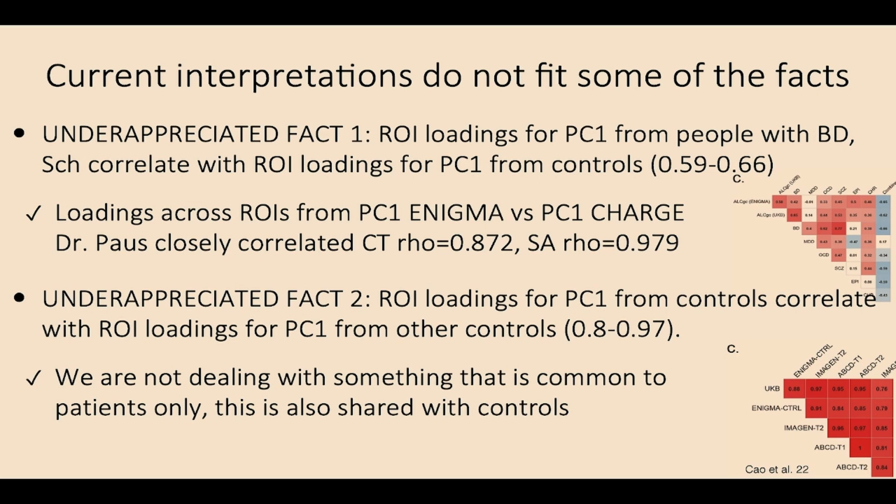The other underappreciated fact is that the loadings for PC1 across regions from controls correlate very strongly with loadings for PC1 from other controls. So here, when we talk about this non-specific P factor, we're not dealing with something that is common to patients only. This is something that's also shared with controls.